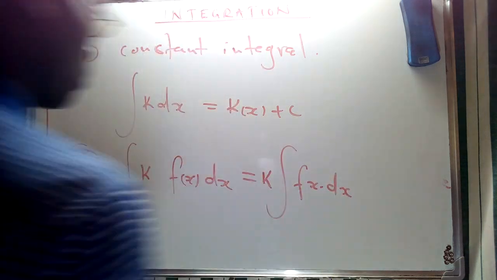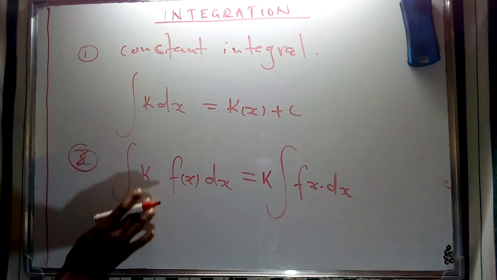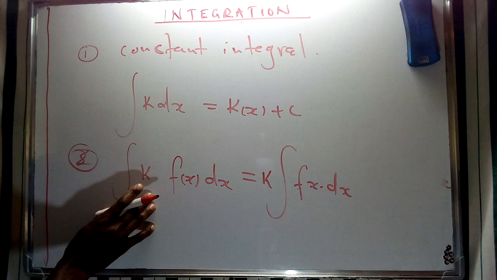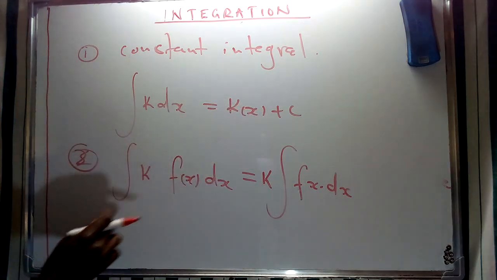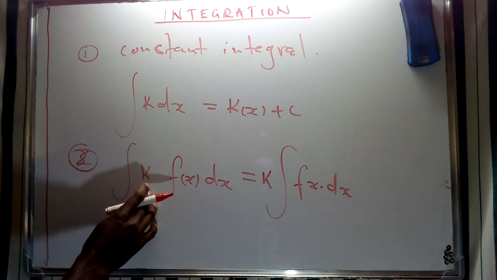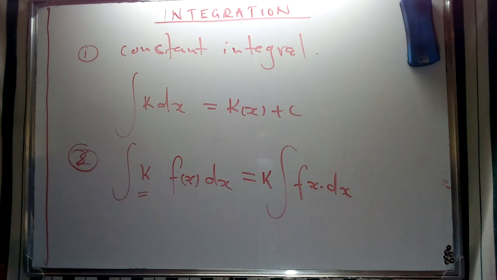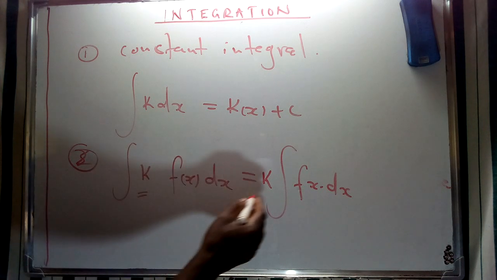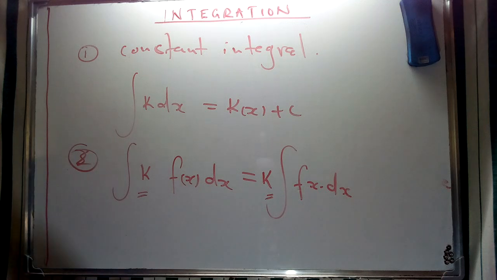In a sense, this gives us a clue that whenever you have a numerical constant, it's going to have this effect. For the constant multiple rule, this constant is taken out of the summation sign, and that is one of the ways in which we deal with what we refer to as the constant multiple rule for integral calculus.